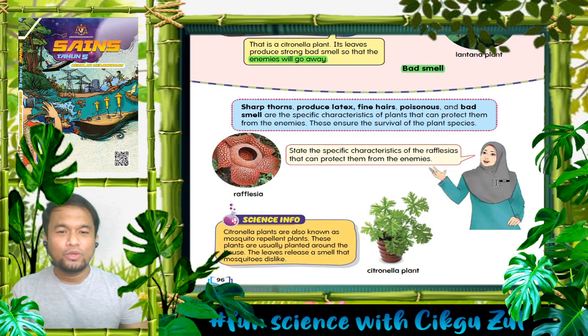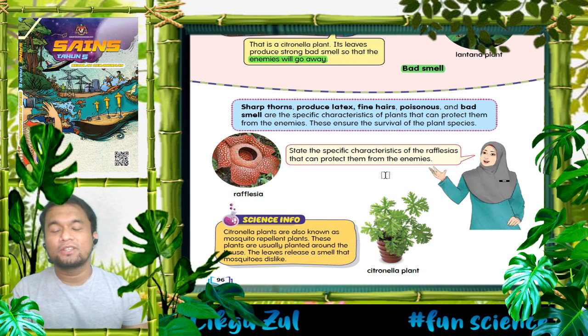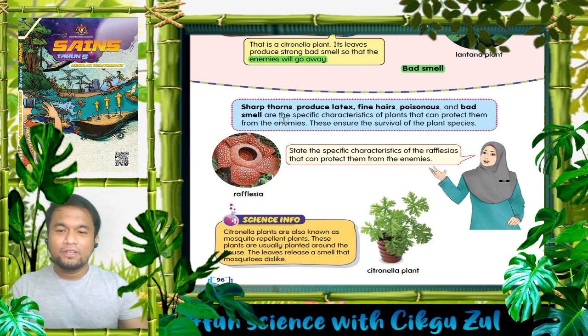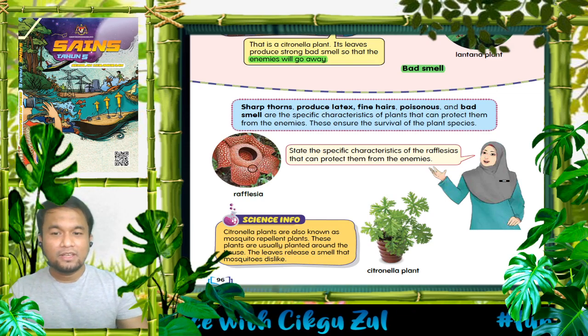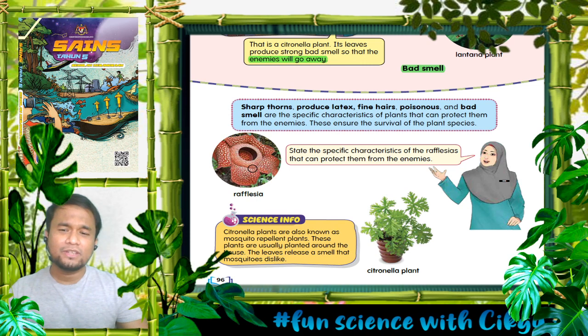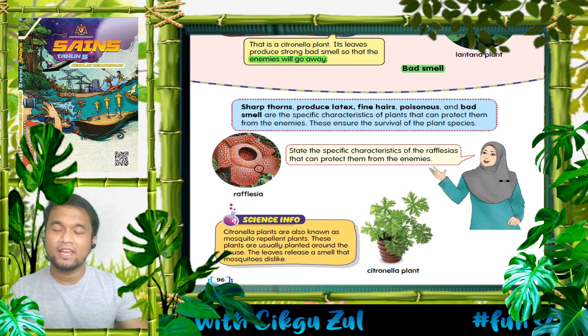Okay, so we look here, the teacher is asking us a question to test our understanding. So you can see here in the circle in this side of page, there is a Rafflesia flower, bunga pakma, bunga Rafflesia kan.